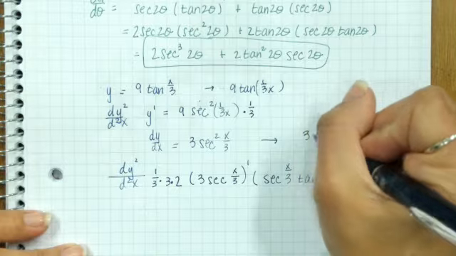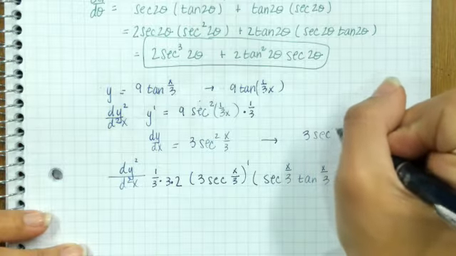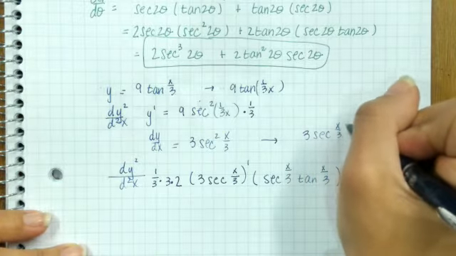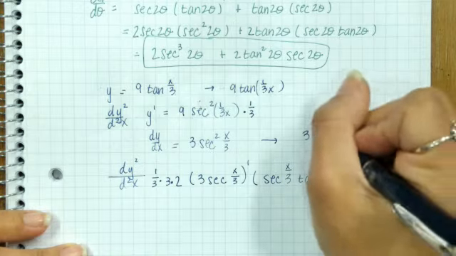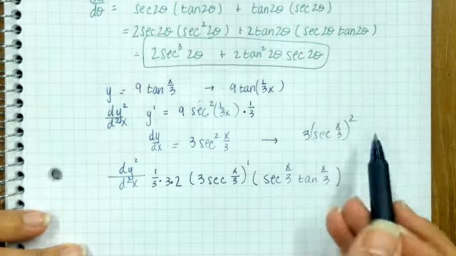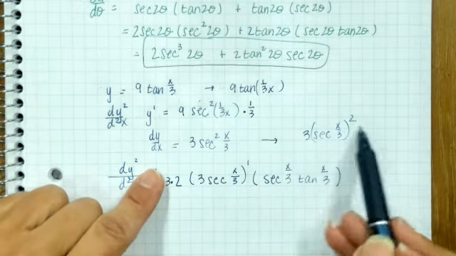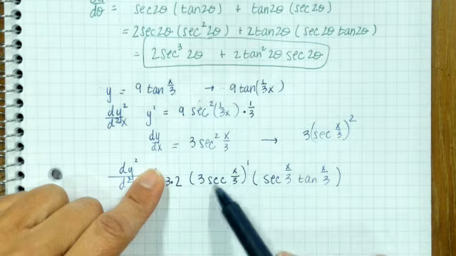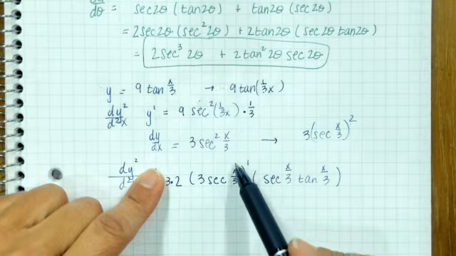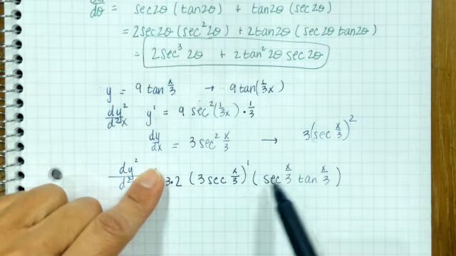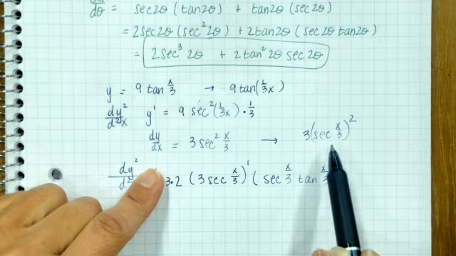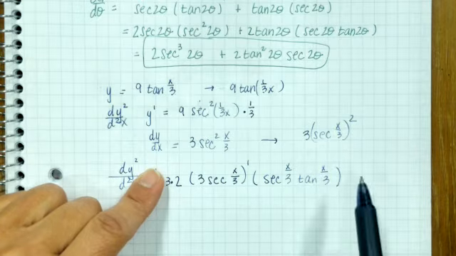This is 3 secant x over 3 squared. So you've got the 3 out in front, 2 comes down, the derivative of what's inside to the first power, and then I took the derivative of secant x over 3, which was secant tangent.